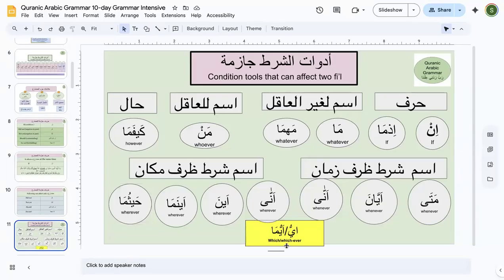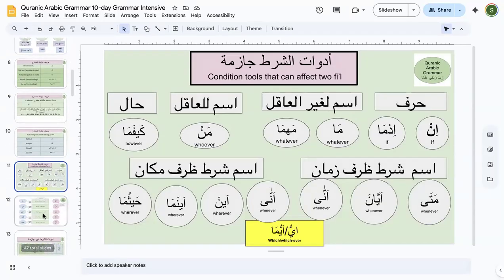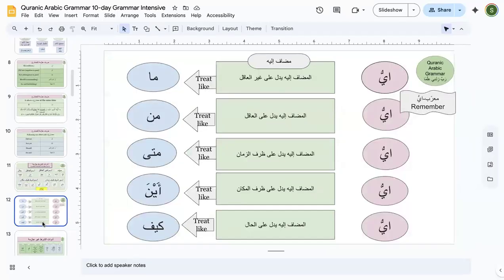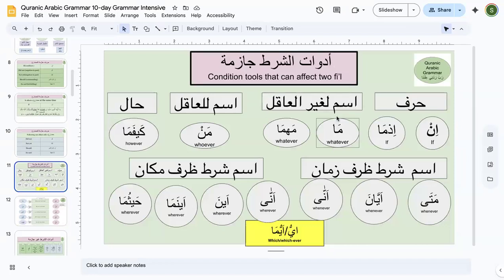And then comes ayu. What is going to determine the role of ayu? All of them, most of them are in Quran. Very good job. Rabia has given the right answer: whatever the role of ayu is, you have to put ayu in the category of ghair aqil or aqil or zarf zaman or zarf makan.